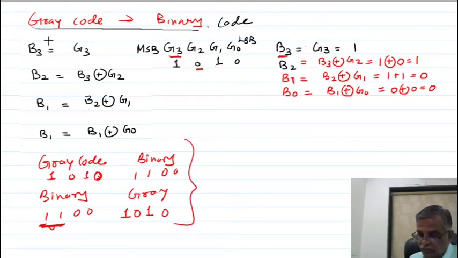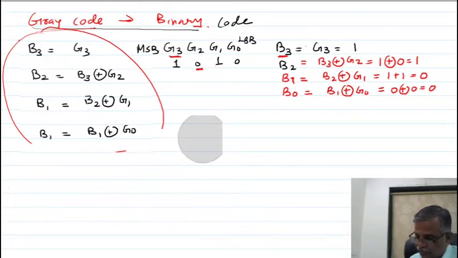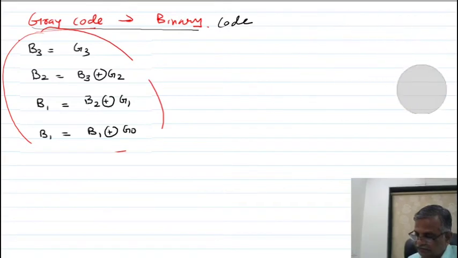So in this way, if you remember this equation, you can easily convert binary into gray and gray into binary. This is for the conversion of gray into binary. The gray code is given, and from this you can convert into binary. So I am doing another one, a new example, so you will get the idea.